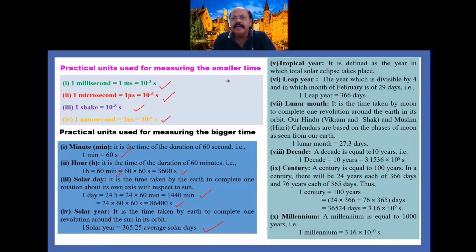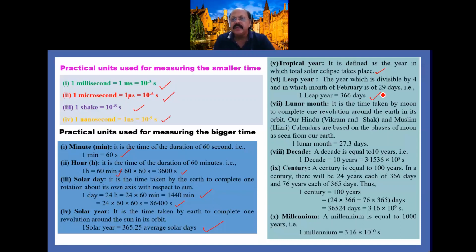It is defined as the year in which the total solar eclipse takes place. Next one is leap year, the year which is divisible by 4 and in which the month of February has 29 days. That is, one leap year equals 366 days.